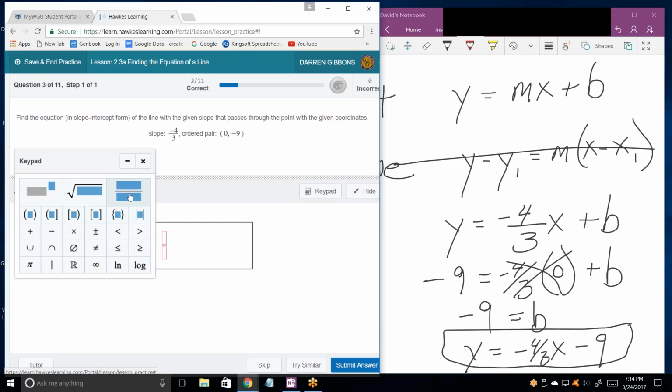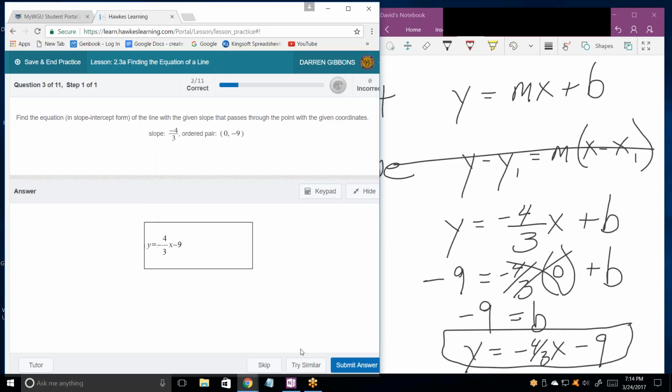I changed my keypad since our last session. My wireless gave out on me yesterday and I had to go get a hardwired keypad. And now I can just type minus 9, is that right? You're going to put the x in. Okay, I got you. Minus 9.